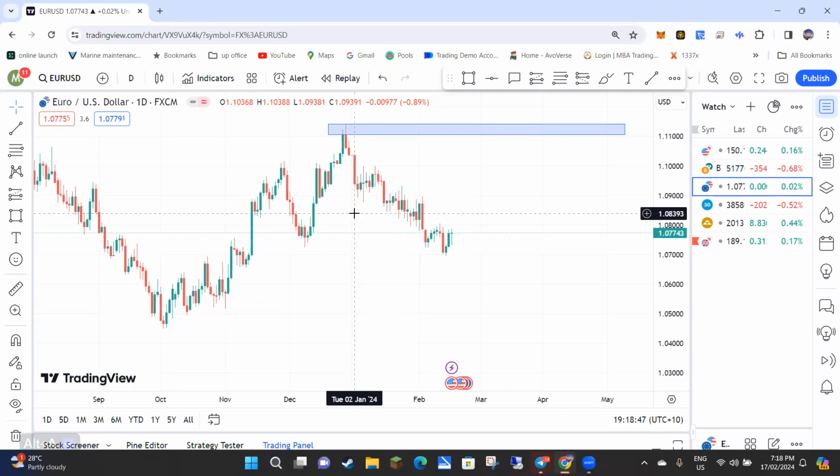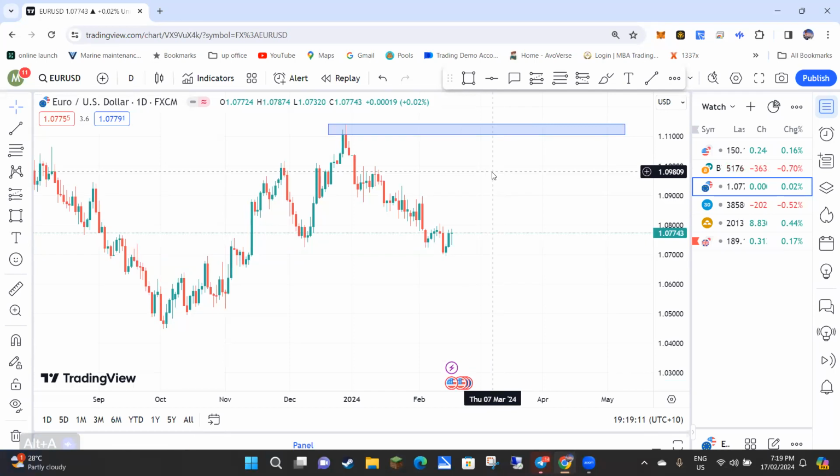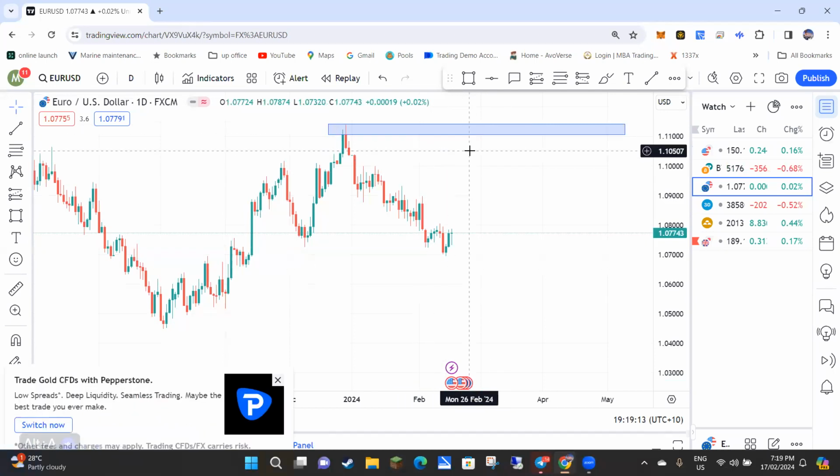And we'll mention this a lot as we go through the course, but just because we've defined resistance here, that doesn't mean the market's going to come to here and definitely bounce and come back down. But there is a reasonable chance that somewhere here the market may turn around. But we're going to wait for a little bit of extra confirmation before we actually trade on that.